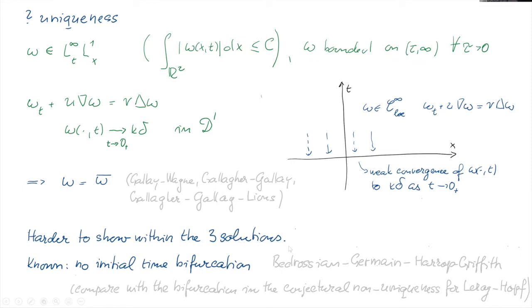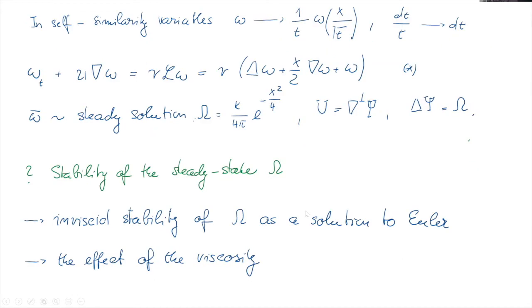There is a very nice paper by Jacob Bedrosian and co-author, where they show that one cannot have uniqueness in this particular case by bifurcations, like in the case I was discussing before. But of course, non-uniqueness can arise also by other methods. So in general, we don't know.